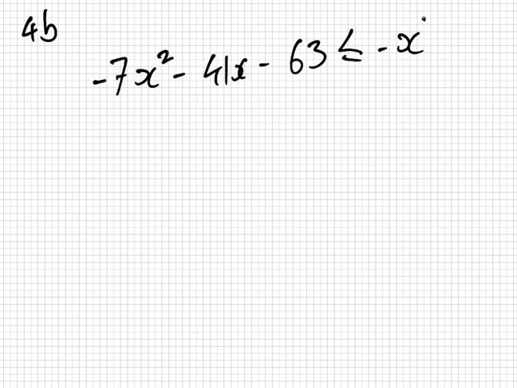Minus 7x squared minus 41x minus 63 less than or equal to minus x squared. Okay, I know that that looks like a different type of problem, but if I just rearrange it slightly, it becomes the same. If I take the minus x squared to the left, I get minus 8x squared minus 41x minus 63.